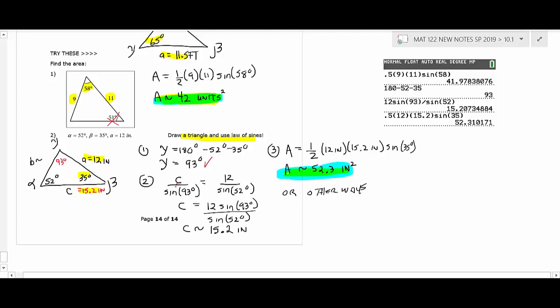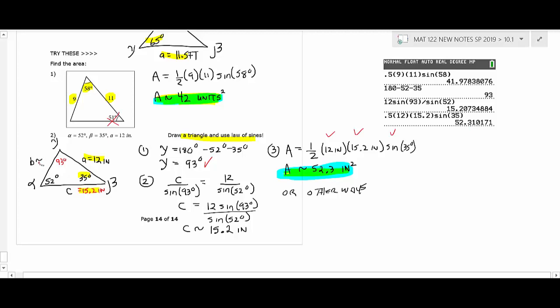By doing that, I found C to be 15.2 inches. So now I've got side angle side. Now it's a simple matter of just doing 1/2 times 12 times 15.2 times the sine of the angle in between. I did this on the calculator and got the answer of about 52.3 square inches.